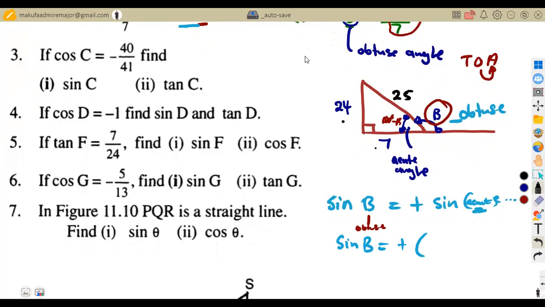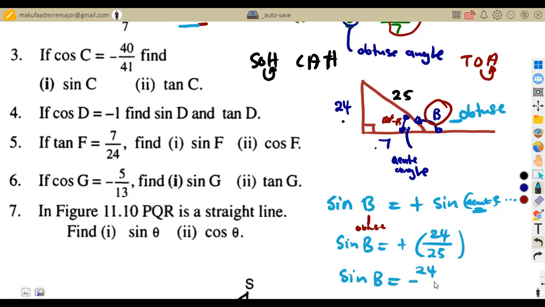Now we are back to our SOHCAHTOA. So sine is opposite over hypotenuse. According to this angle, the opposite is 24 over the hypotenuse, which is 25, but as a positive now. So our sine B is going to remain positive.